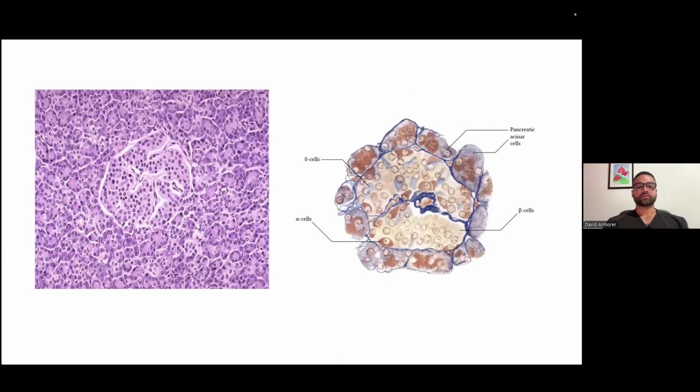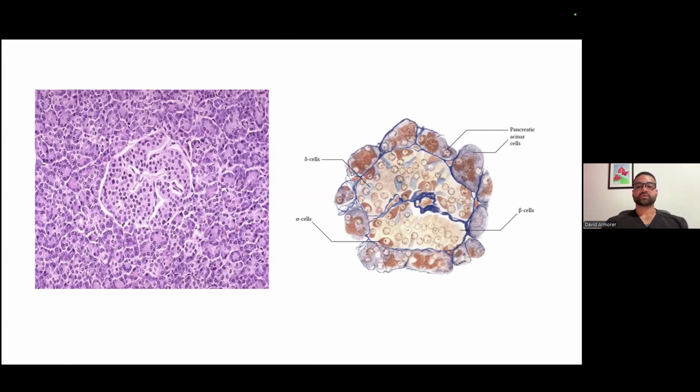So here's a small slide of the islets of Langerhans and a more well-depicted diagram on the right, which highlights the various cells of the islet of Langerhans. So the beta cells, the alpha cells, the delta cells, as well as the pancreatic acinar cells.